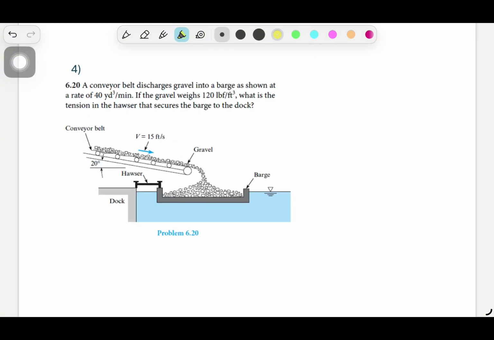Okay, this is the final question, 6.20. And we have a conveyor belt like this one. It discharges gravel into a barge, as shown, at a rate of 40 cubic yards per minute. So we have, let's say, flow rate, because it is kind of flowing gravel into this barge.